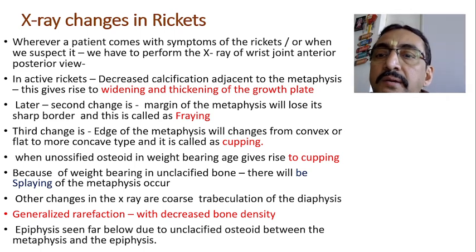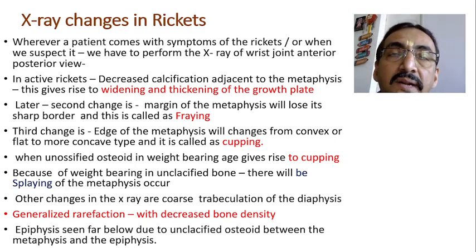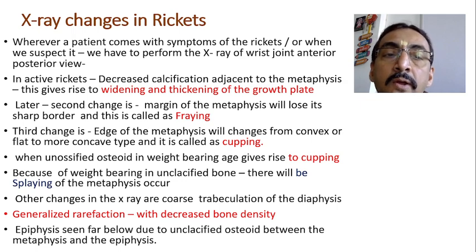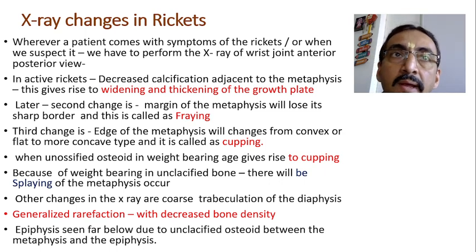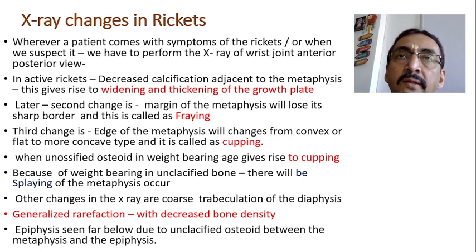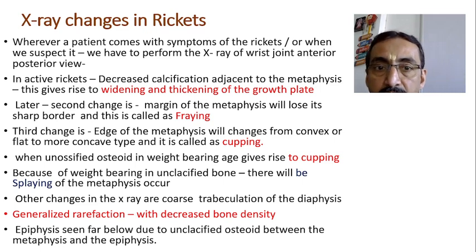The third change which occurs in X-ray is in the edge of the metaphysis. The edge of the metaphysis will change from convex or flat to more concave type. Okay, that also we'll see later. Now the metaphysis usually has a convex shape, isn't it? Like this, a convex shape is there.